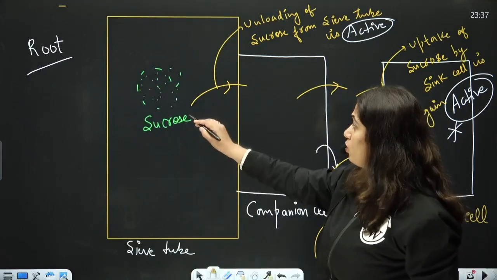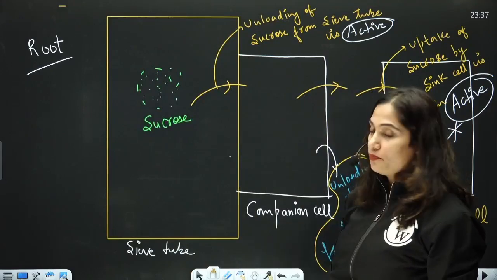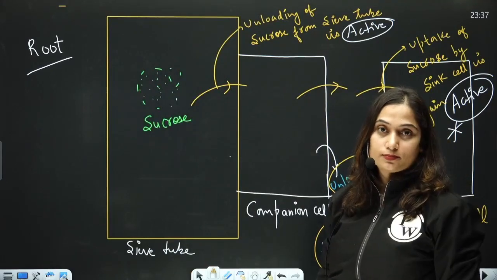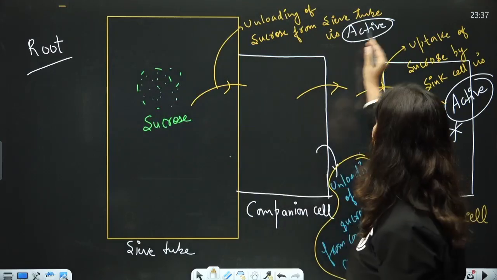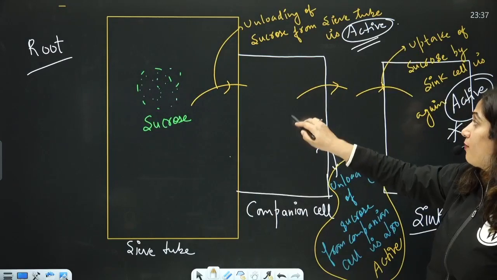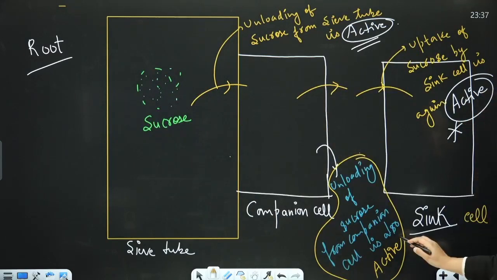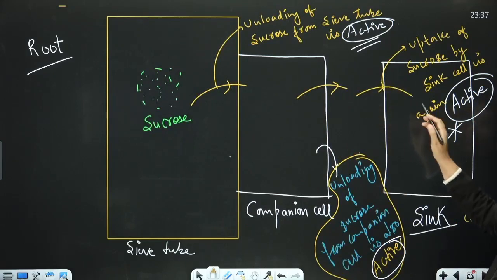Now sucrose will come out of the sieve tube, and this is active. When the sucrose comes out of the sieve tube, energy will be needed. Then sucrose will come out of the companion cell. This is also active. Then this sucrose will be taken up by the sink cell, that is the root cell.